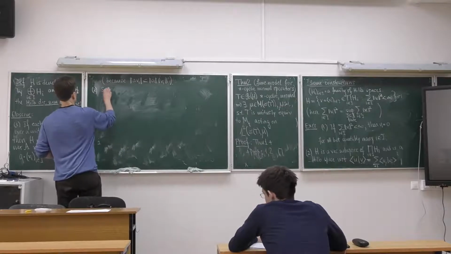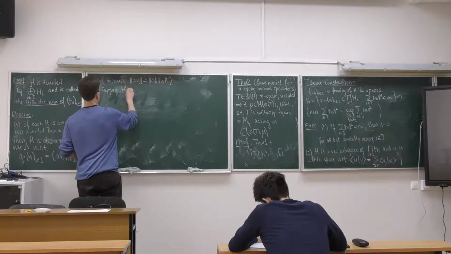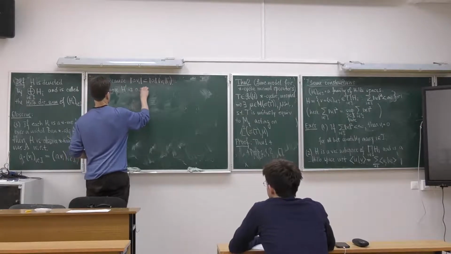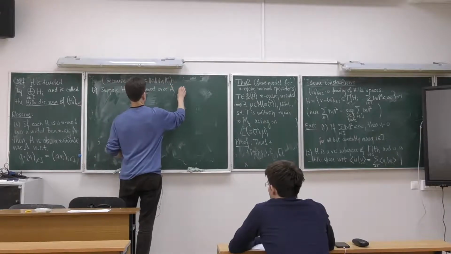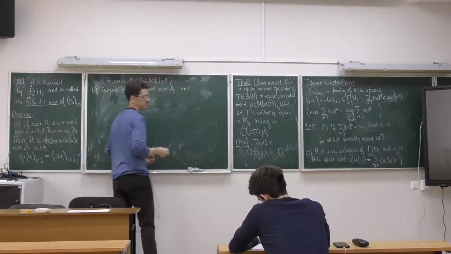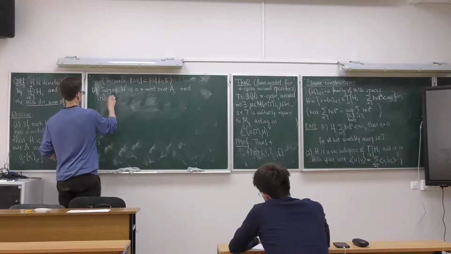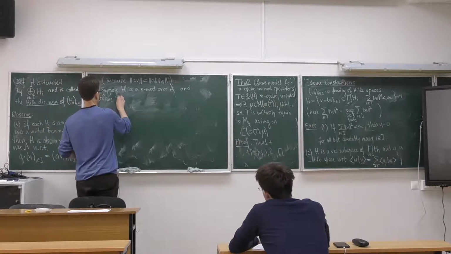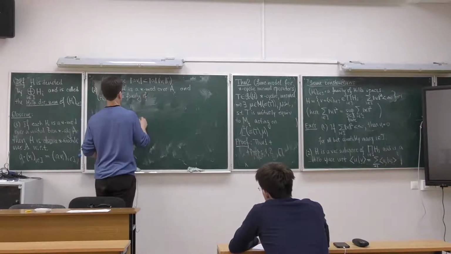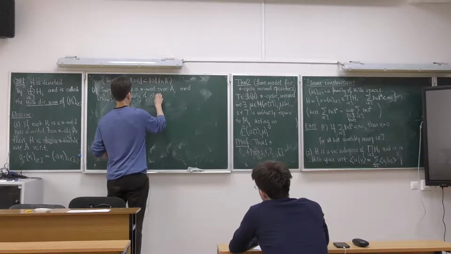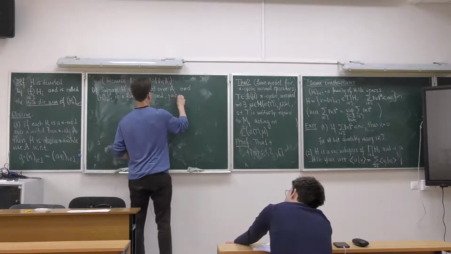So suppose now that H prime is some star module over A. And suppose that we have a family Hi of closed pairwise orthogonal submodules of H.